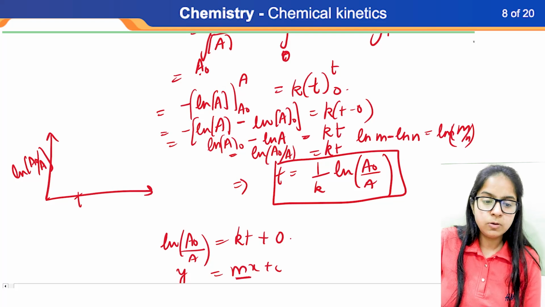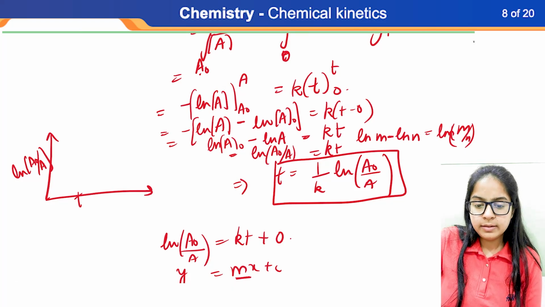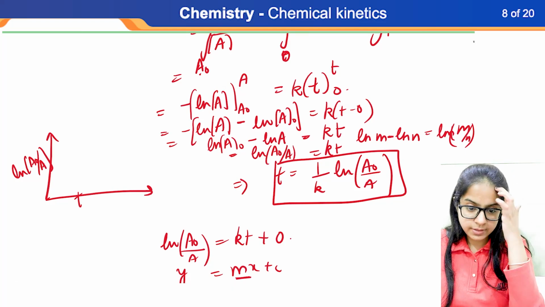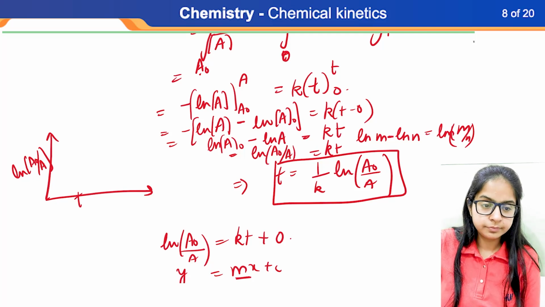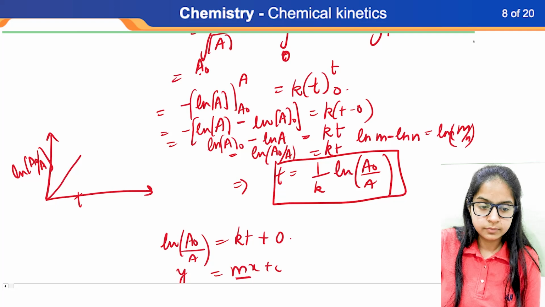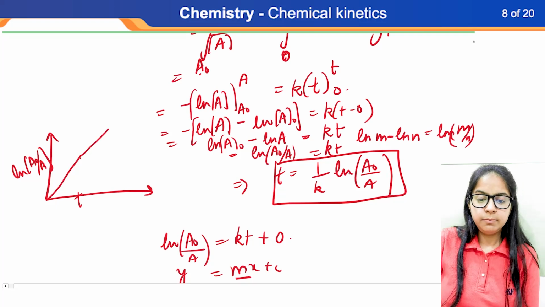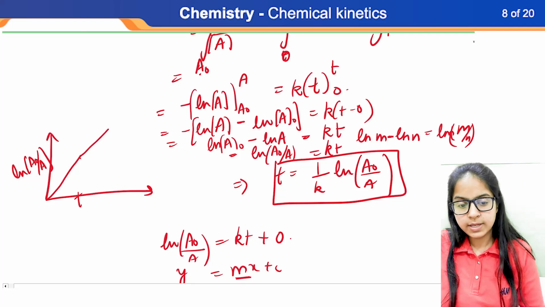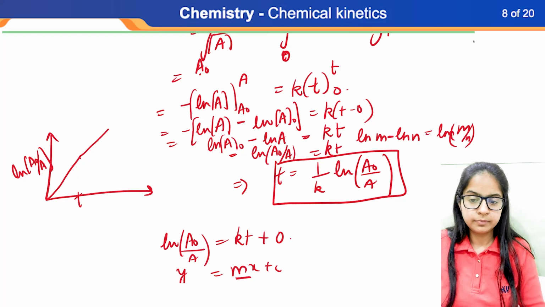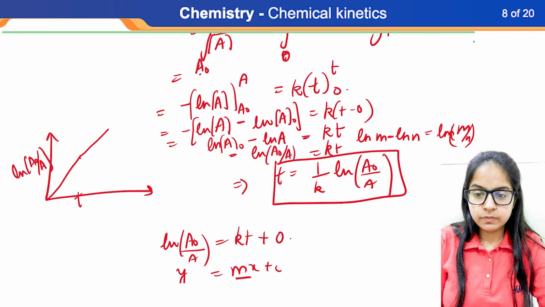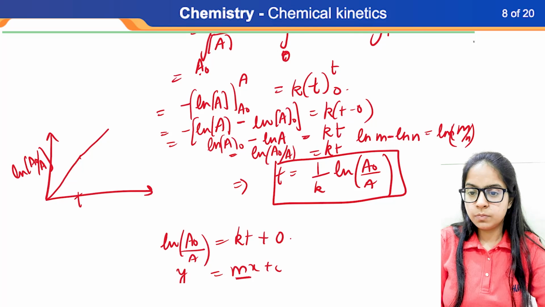K is the slope, and the intercept value is 0. So this will be our plot. The intercept value is 0, y is equal to mx. So this is our chemical kinetics topic.